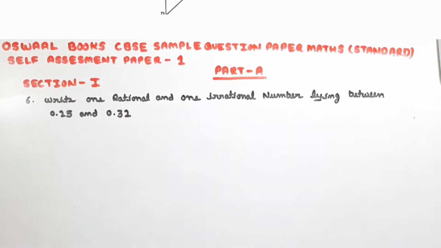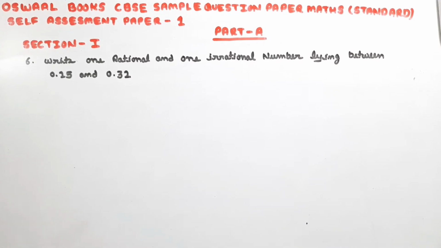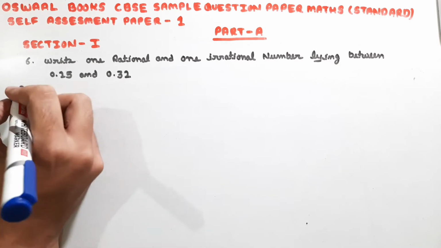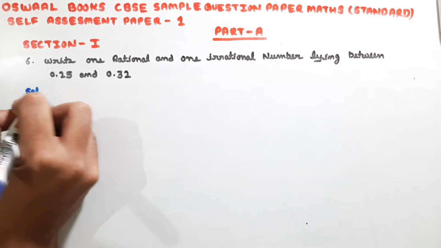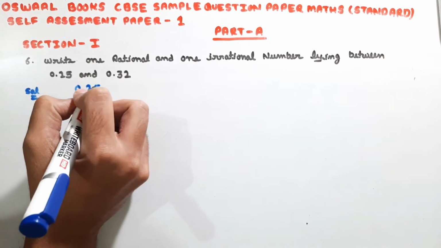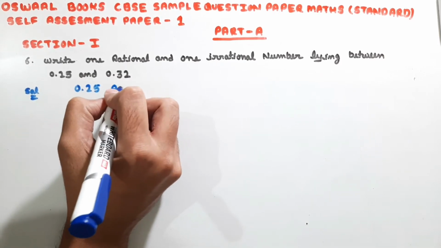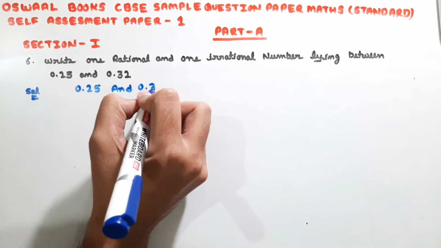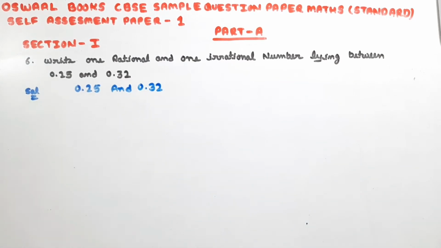Write one rational and one irrational number lying between 0.25 and 0.32. In this problem, we have to find one rational number and one irrational number between 0.25 and 0.32.